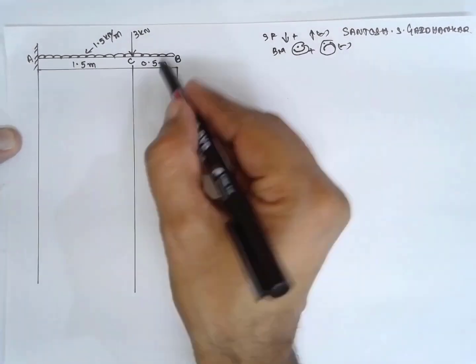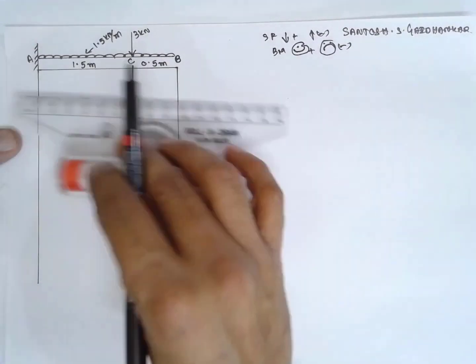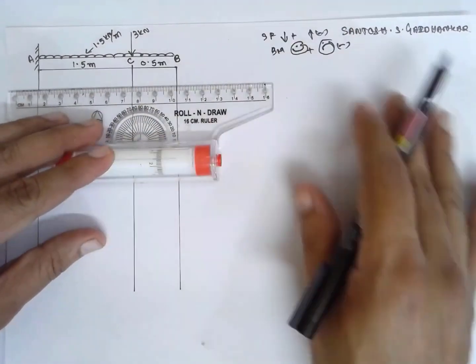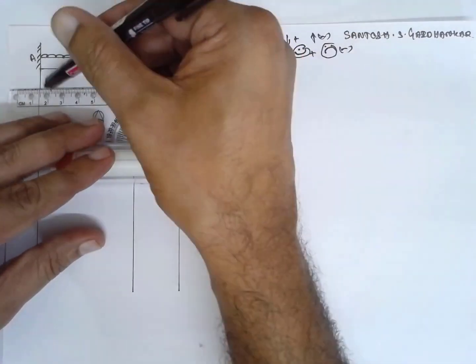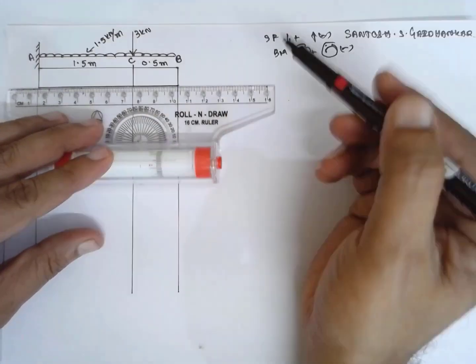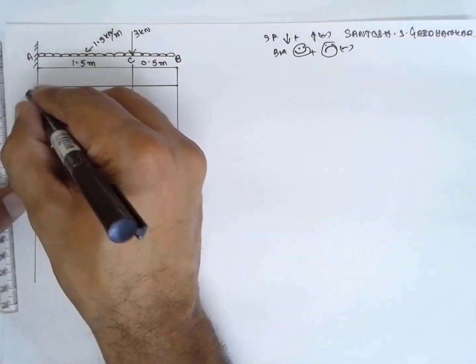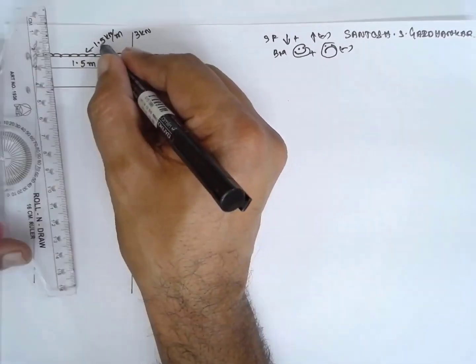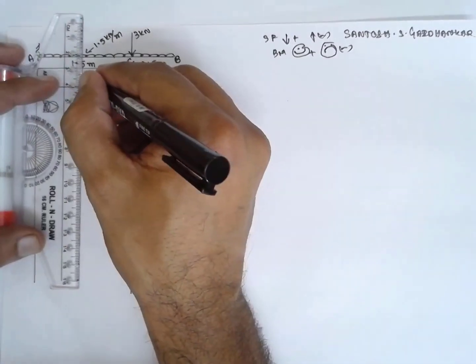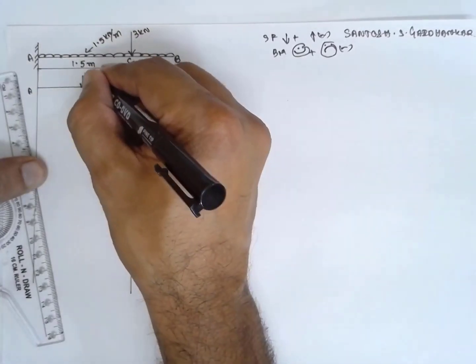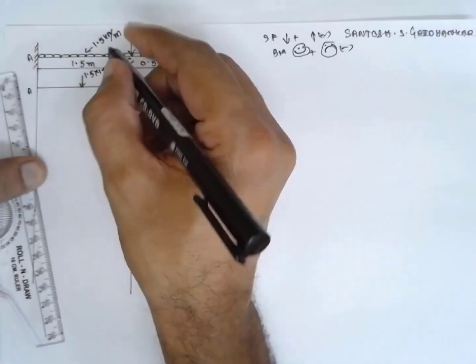Now first I will go for converting into point load. Now here this is A. 1.5 exactly at the centroid, because it is a UDL. Centroid is nothing but 1.5 into 1.5.